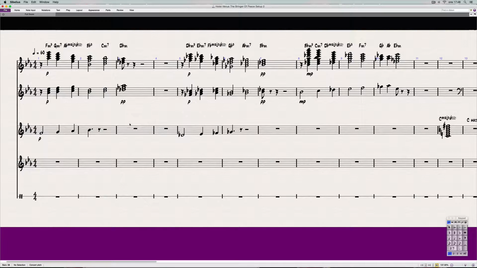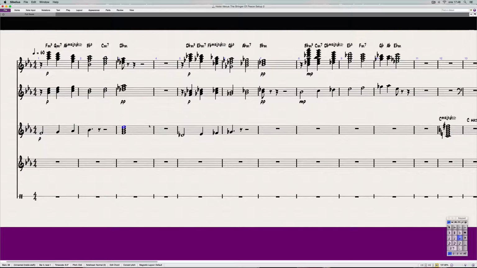And that's because if we look at it like this, we got F, A flat, C, and that's an F minor triad.